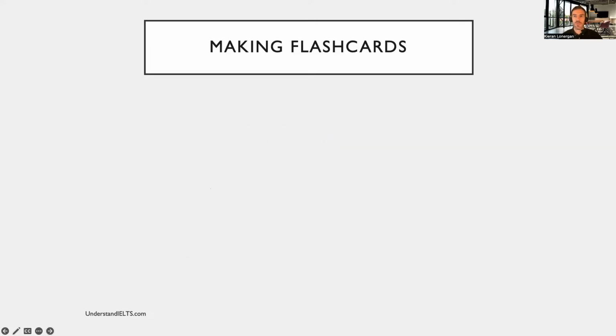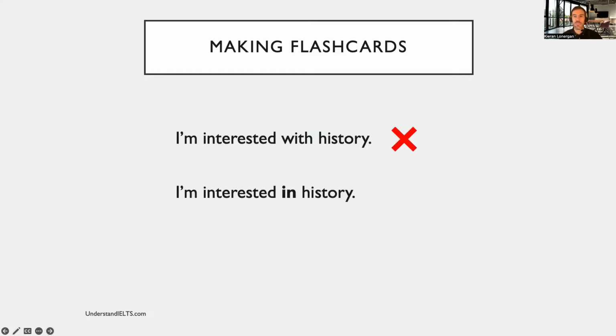So let's imagine that this is a sentence that was corrected by my teacher. I'm interested with history. Now, my teacher tells me that that is incorrect, and the correct version is I'm interested in history.